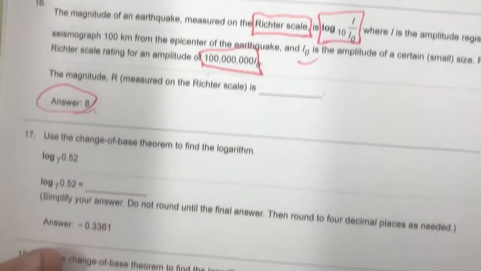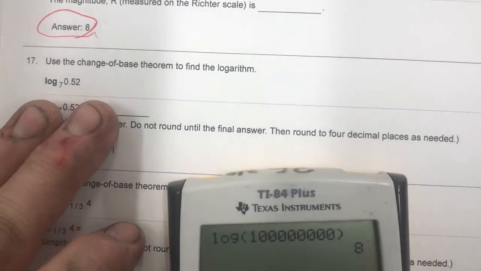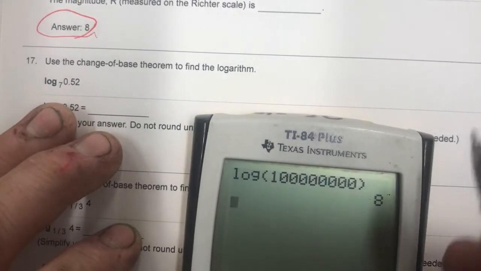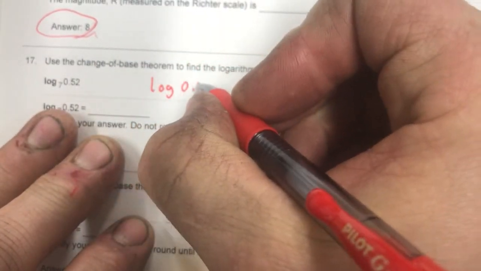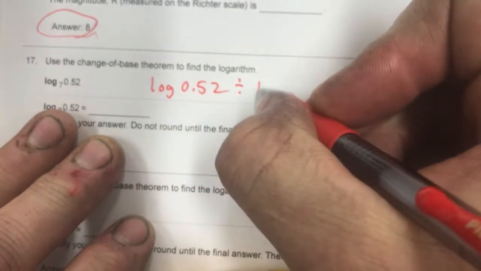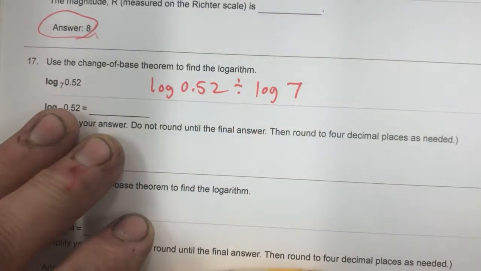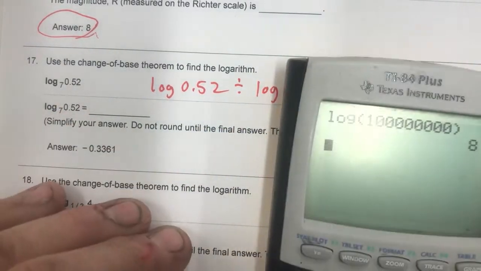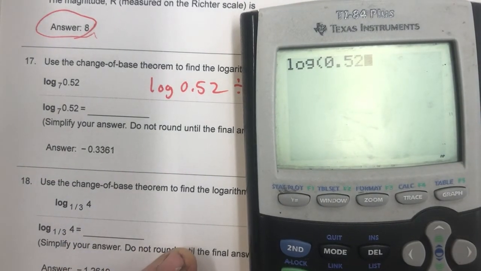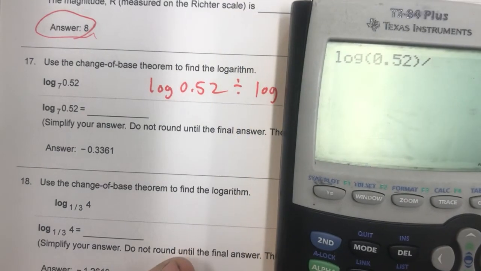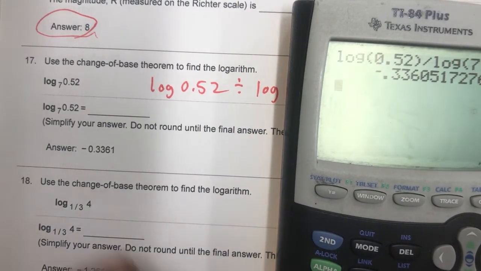Okay. Right here, use the change of base theorem. Now basically what I'm going to do here, this is log base 7 of 0.52, so I'm going to do log of 0.52 divided by log of 7. Let's type that in. Log 0.52, close it up, divide by log 7, close it up, and there it is, negative 0.3361.